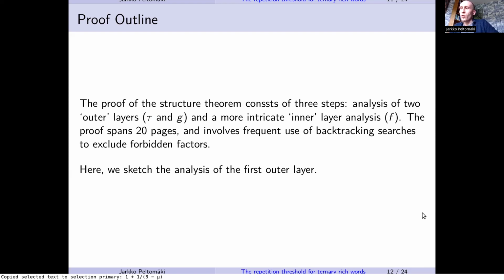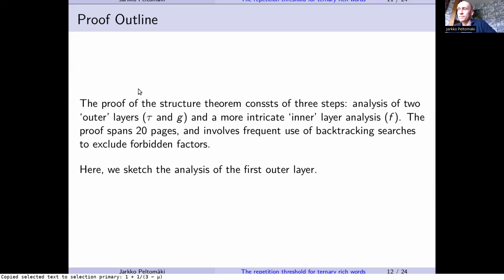So going through these details doesn't really make up a really nice talk, but I will sketch a bit how you would start to prove this structure theorem.